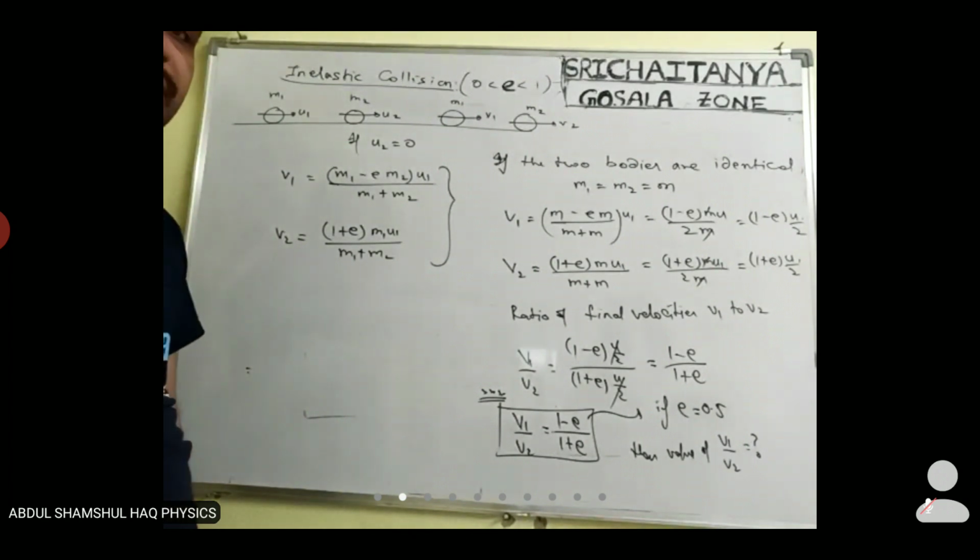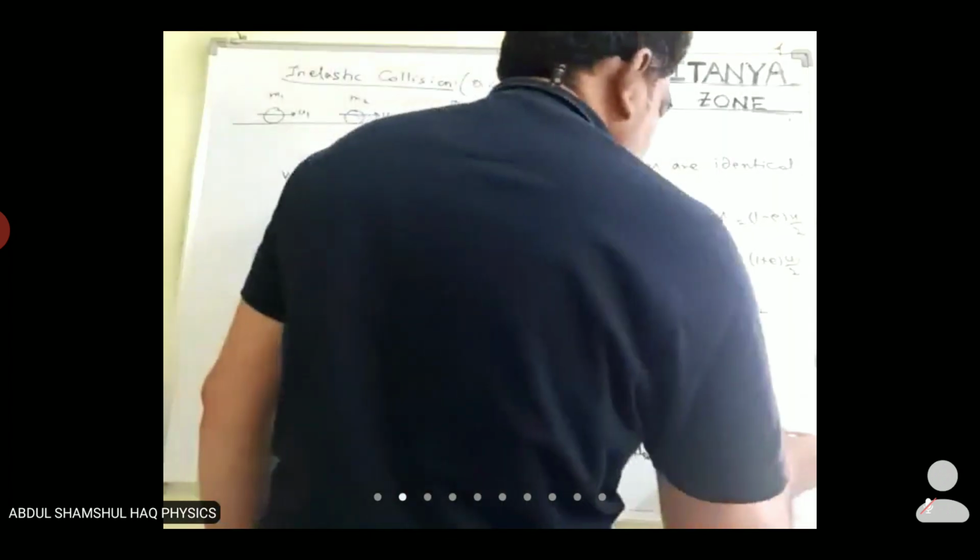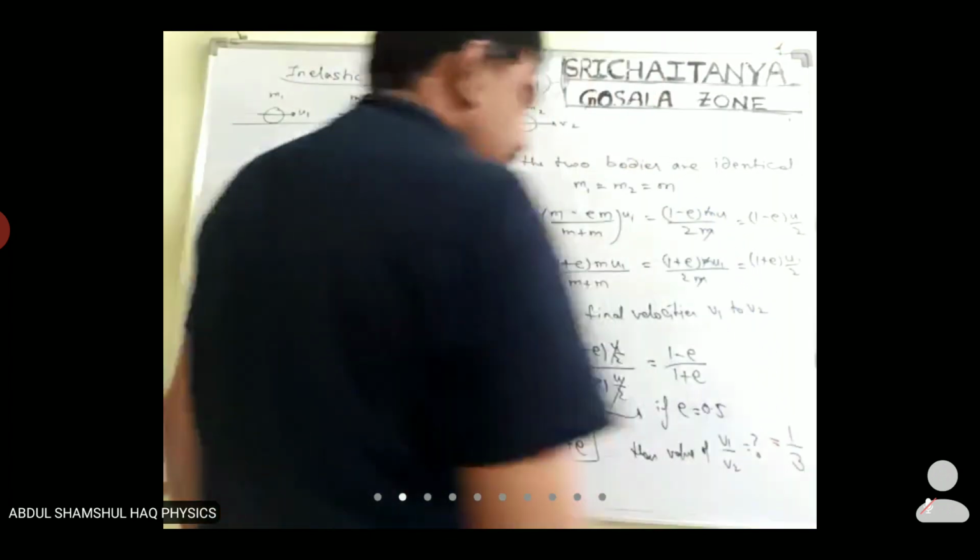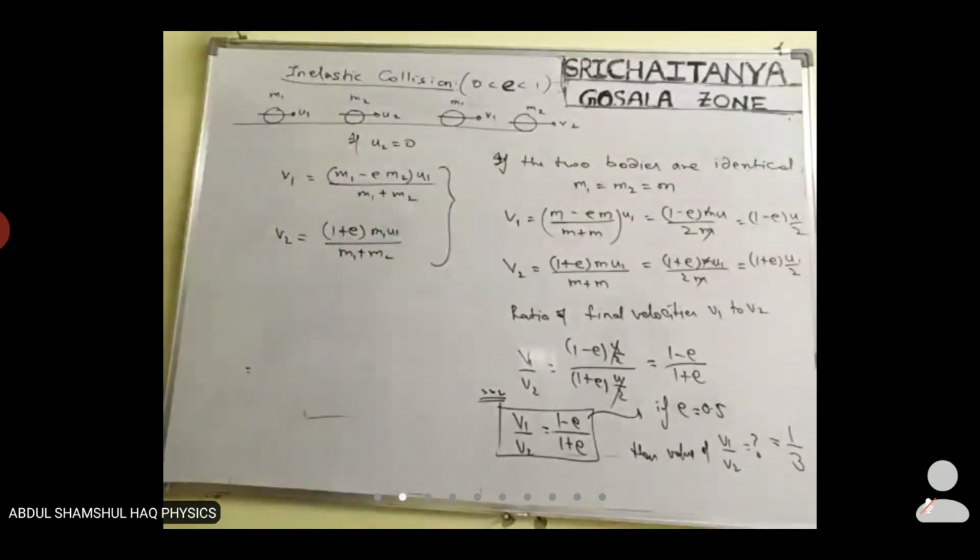Yes, 0.5 by 1.5. This would be equal to 1 is to 3. Is that okay? Harsha, Sandeep, okay?